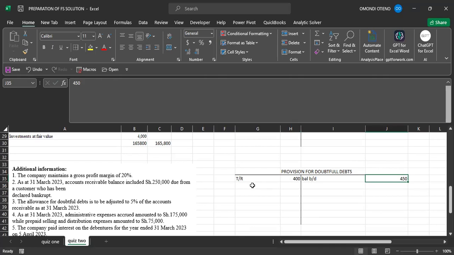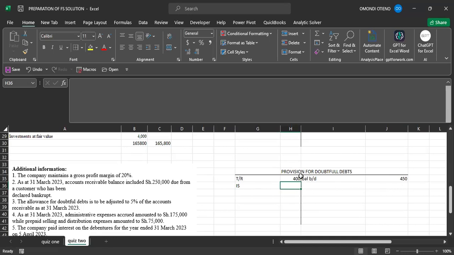Or just look at the balancing figure. Where will I put the balancing figure? On the debit side, right? Whichever side I put the balancing figure, it has to go to income statement. So if it is on the debit side, it is going to income statement as an income. If it's on the credit side, it is going to income statement as an expense.